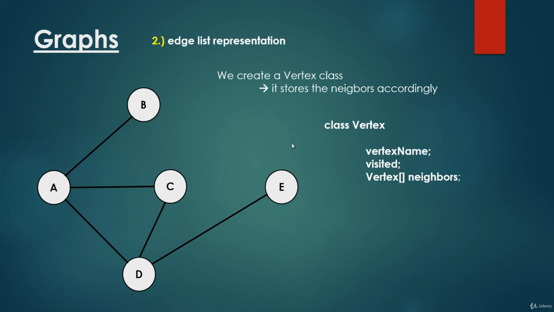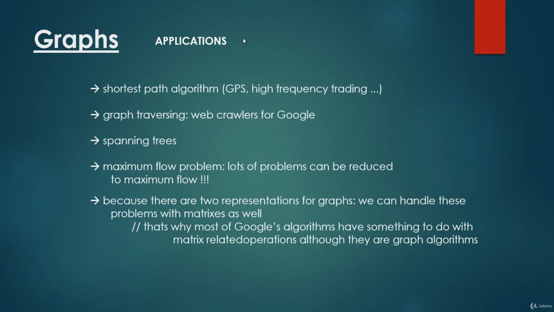Okay, and of course a good question, why is it important to learn about graphs and graph algorithms? Because there are lots of applications such as the shortest path algorithm. If we want to get from a given place to another, we usually use Google Maps and GPS, so that's why it's very important to find the shortest path between given objects.